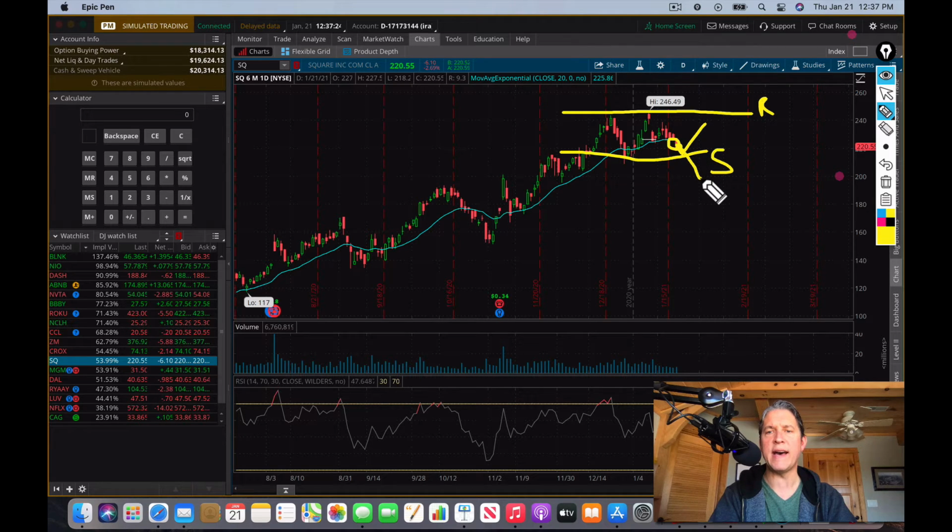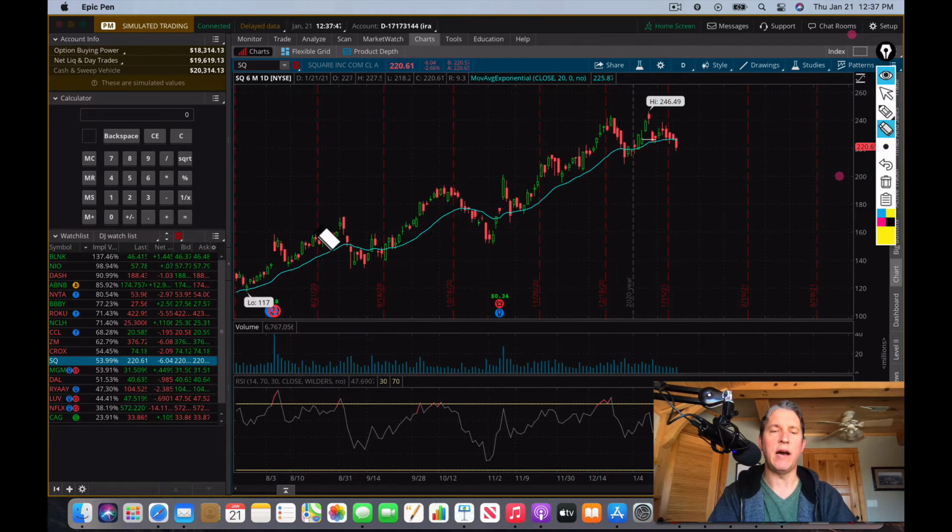Or is it going to go all the way down and then come back up through the support? I mean, many things can happen. The point of my coaching here on this is understanding what support is, understanding what resistance is. It tells you quite a bit where the price pattern of the stock is, how it's trading, and that can help you make decisions on what you might want to do.